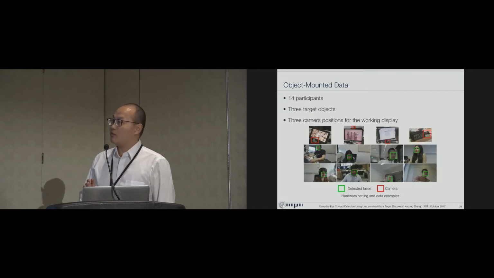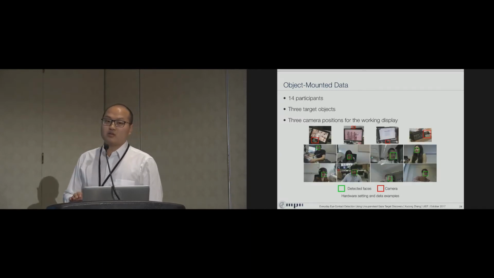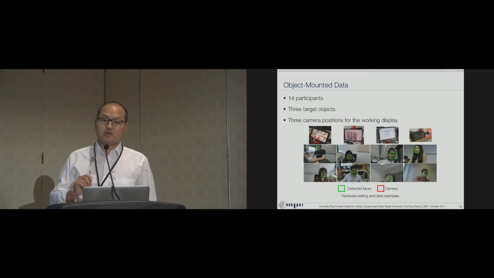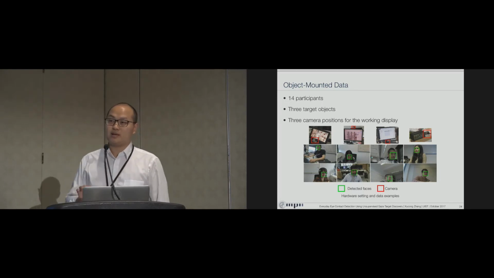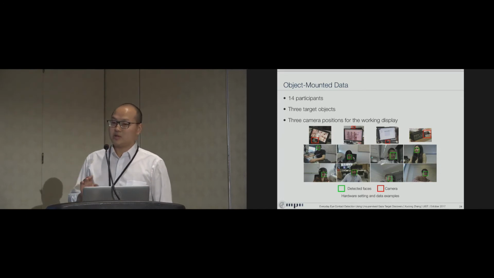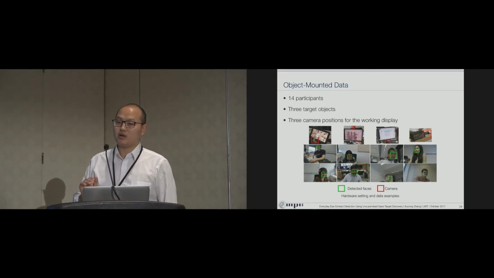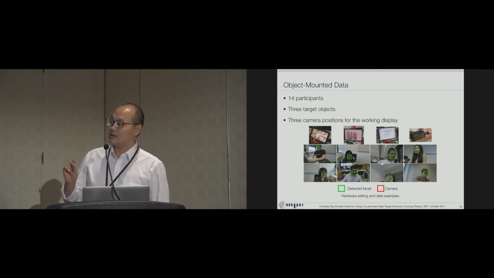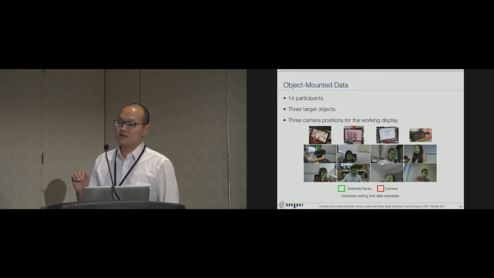In total, we have 14 participants, and each of them recorded 3 objects: a tablet, a working display, and a clock. Especially for the working display, we have 3 camera positions: above, below, and next to. The second and third rows are examples of the data set, along with detected faces.